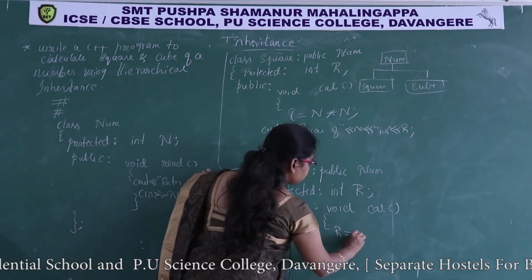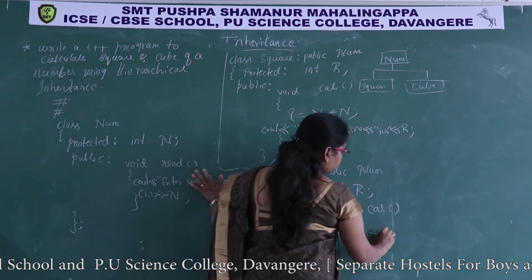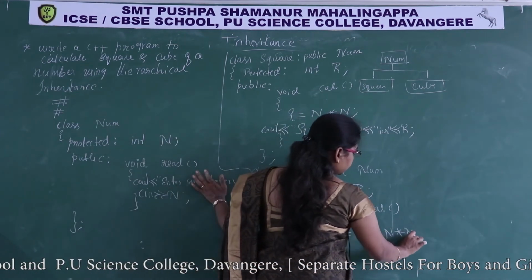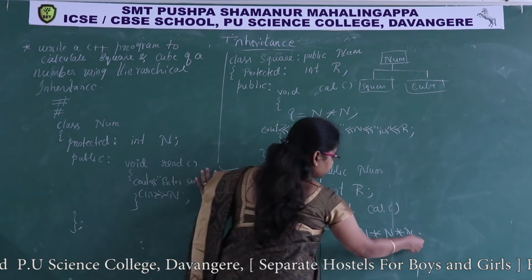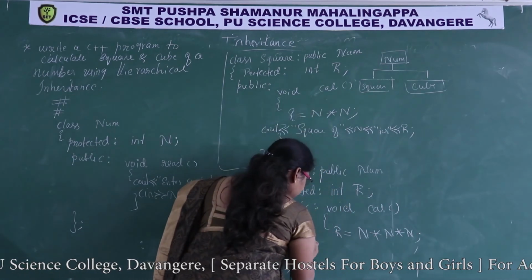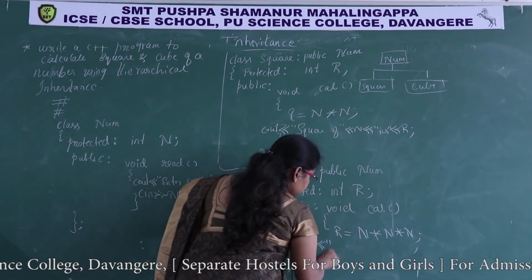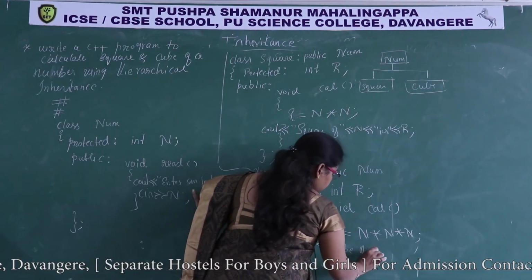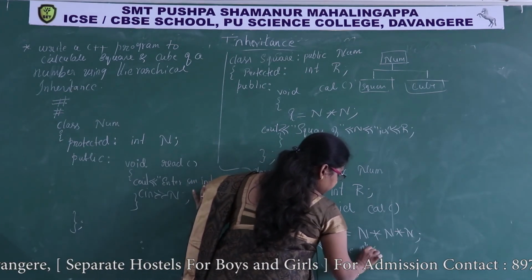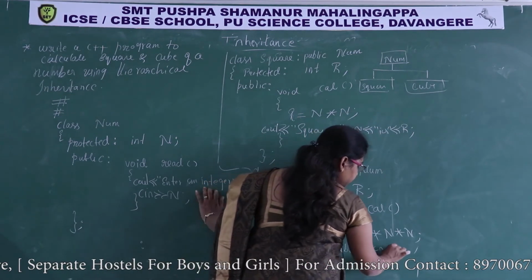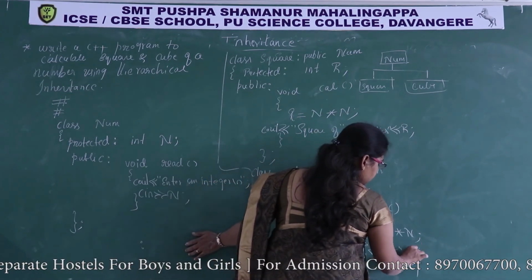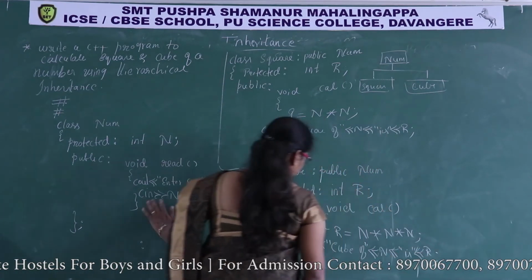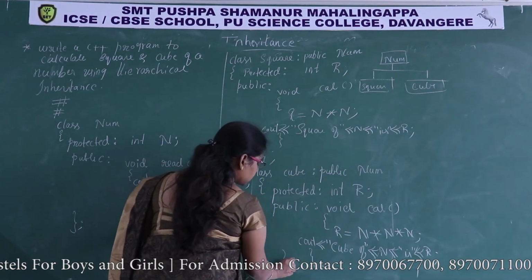R is equal to n into n into n. Cout cube of n is r. Function close, class close, semicolon.